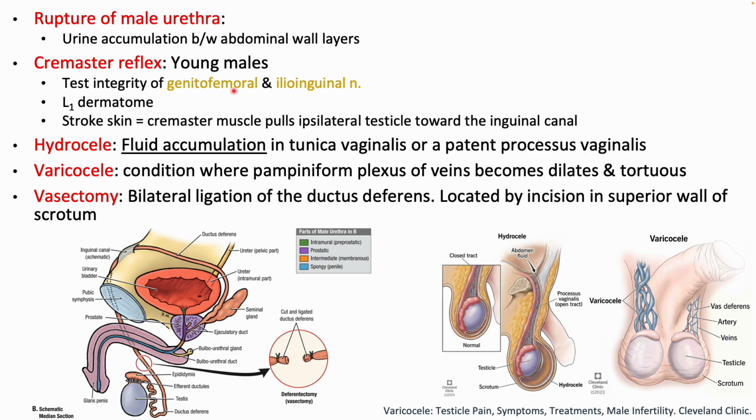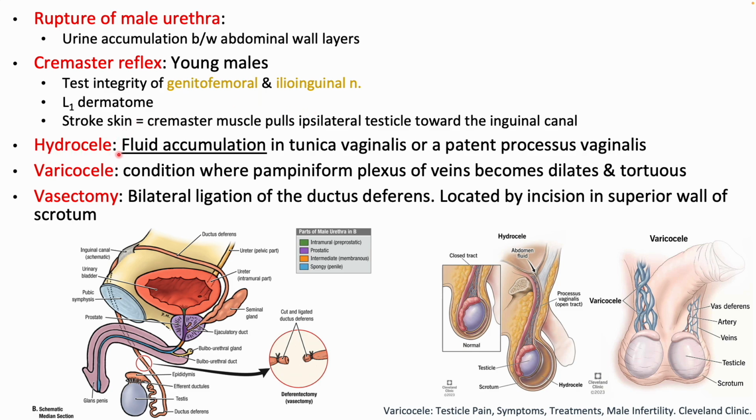And this is because they both share the same L1 dermatome that we looked at, the one that looks like underwear that you're wearing. And so what you do is you stroke the skin of the superior medial thigh in that dermatome region, and that'll cause the cremaster muscle to pull the ipsilateral testicle, so the same-sided testicle, up toward the inguinal canal.